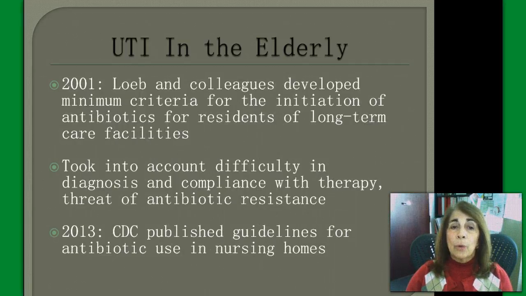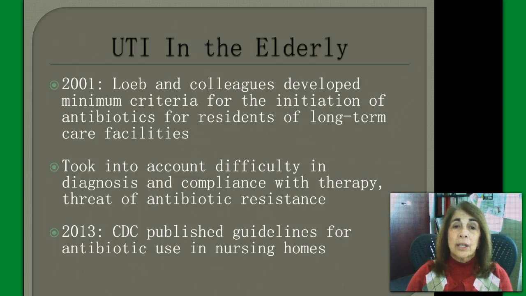Again, referring to Loeb and his colleagues in 2001, they developed minimum criteria for the initiation of antibiotics for residents of long-term care facilities. This is a huge problem. Loeb and his colleagues took into account the difficulty in diagnosing UTI in the elderly in long-term care facilities, as well as the compliance, success with therapy, and the threat of antibiotic resistance that would exist in that long-term care facility.